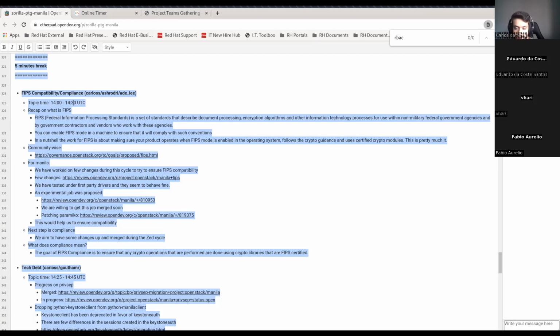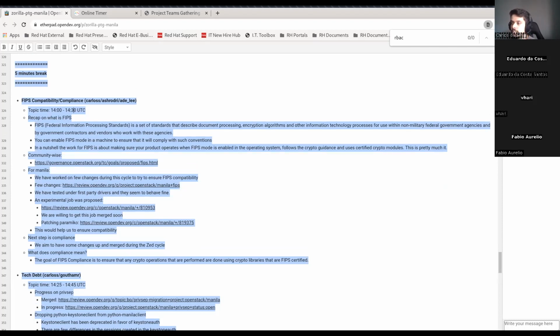So let's go over a quick recap of what FIPS is. We talked about this over the past PTG, where we introduced it a little bit and talked about what compatibility means for FIPS. Over the cycle, we had a few changes going on, and we are going to go over them. FIPS is basically a set of standards that describes document processing, encryption algorithms, and other information technology processes for use within non-military federal government agencies and by government contractors and vendors who work with those agencies.